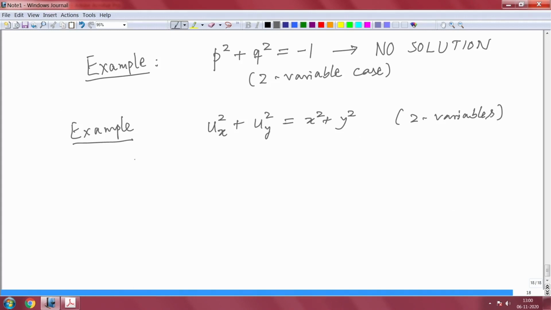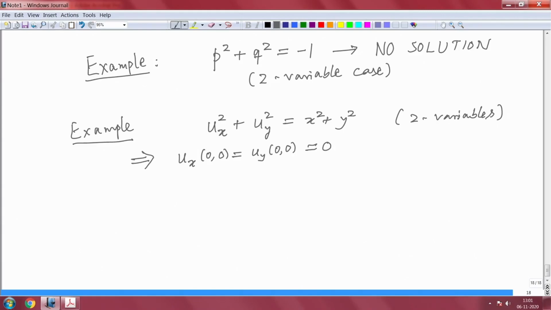So, this implies, just by looking at the equation, u x at 0 0 equal to u y at 0 0 equal to 0. At the origin the right hand side is 0 and these are squares, so they also must be 0.